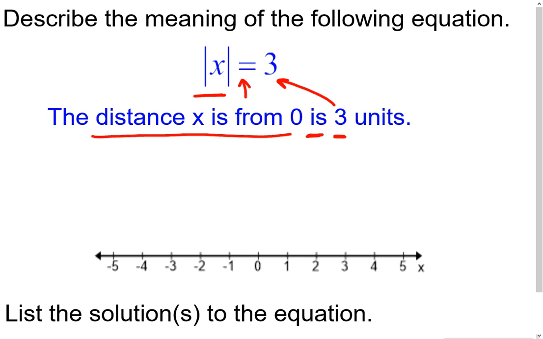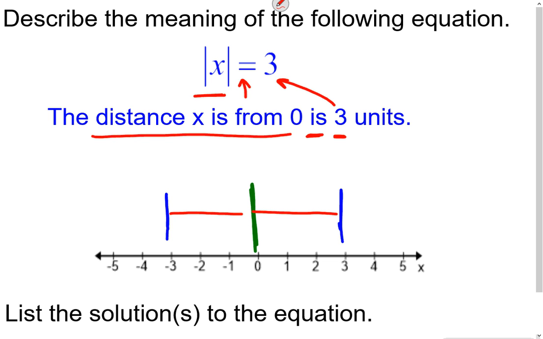Now, if I look at this as a visual approach, the distance x is from 0. So here's my starting point, 0. Now, some numbers are 3 units away. Well, if I go 3 units this way, I end up at positive 3. If I go 3 units this way, I end up at negative 3.